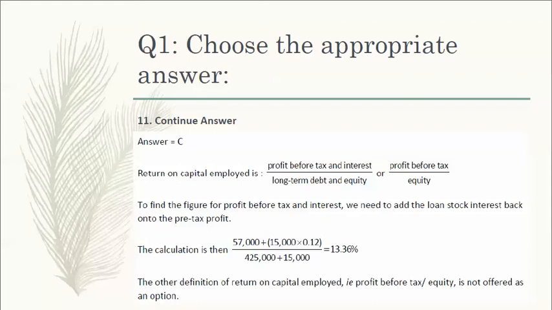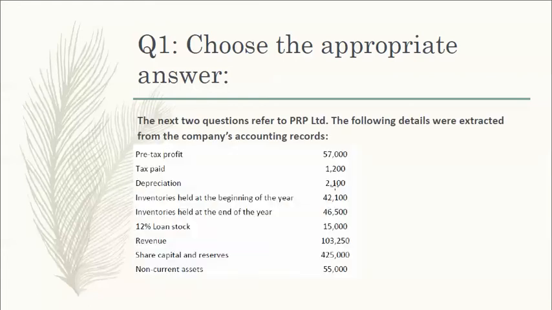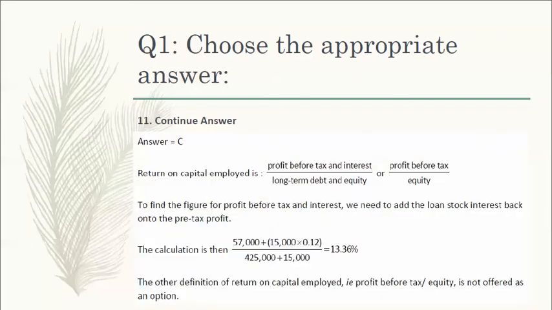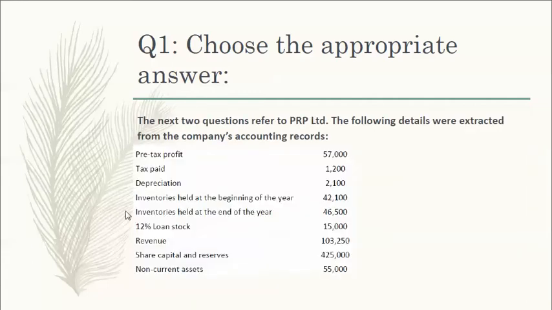Then the calculation will be 75,000, which we get from the question and which represents profit before tax, then 15,000 multiplied by 0.12, which is the interest on the loan stock, also from the given data: 12% on the loan stock, and the loan stock itself is 15,000.